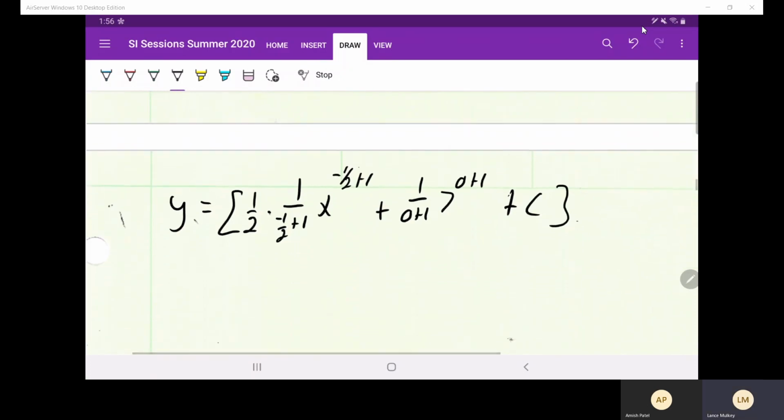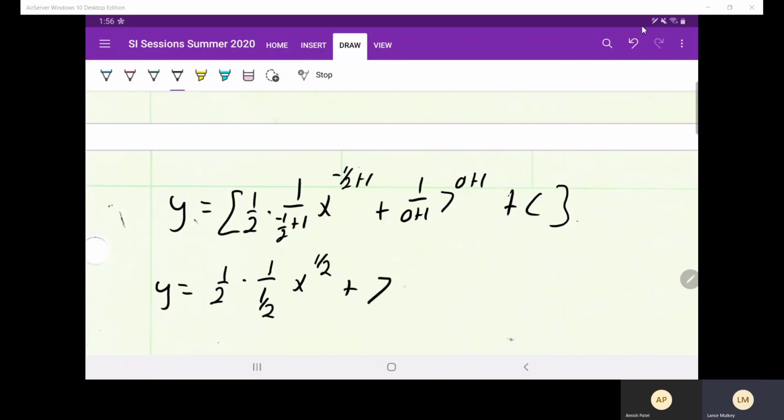All right. So y then equals 1/2 times 1 over 1/2 times x to the 1/2 plus 7 plus c.